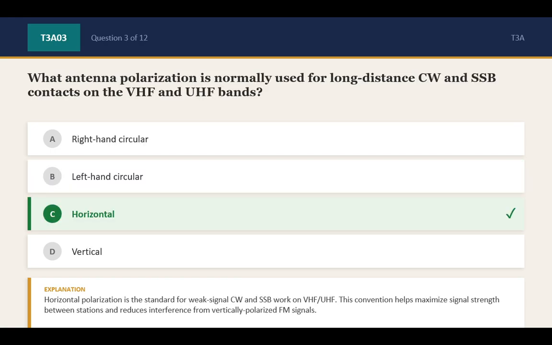What antenna polarization is normally used for long-distance CW and SSB contacts on the VHF and UHF bands? That's C, horizontal. Horizontal polarization is the standard for weak signal CW and single sideband work on VHF and UHF. This convention helps maximize signal strength between stations and reduces interference from vertically polarized FM signals.